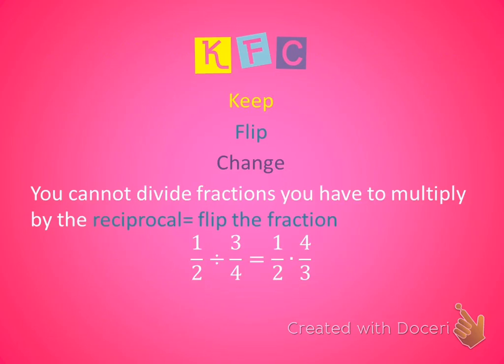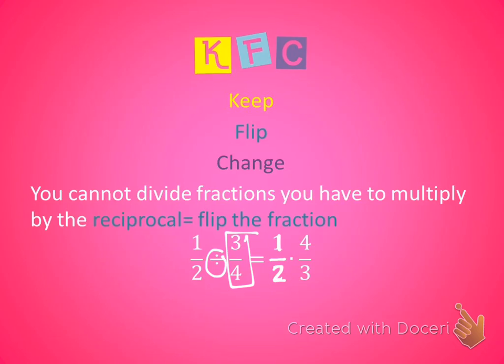Okay. Keep, flip, and change, KFC. This is when you are dividing by a fraction. There is no such thing as dividing by a fraction, okay? You only ever multiply by the reciprocal. So anytime you see a number that's being divided by a fraction, what you do is you keep the first fraction or first number, 1/2.